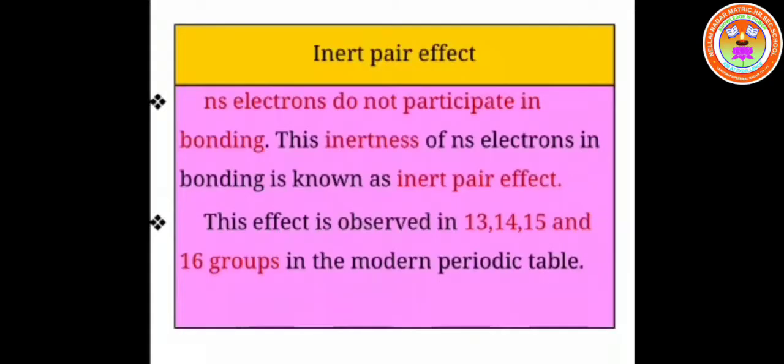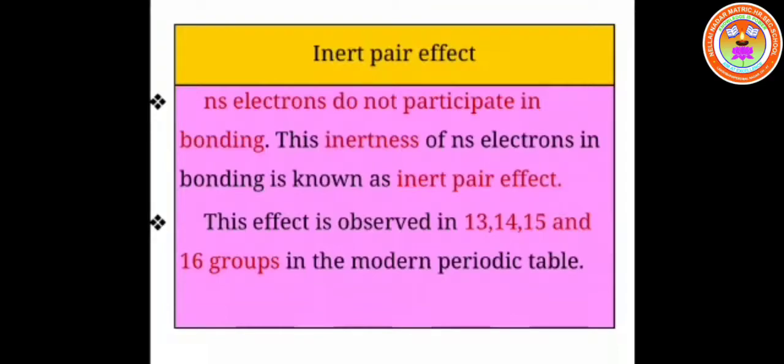Okay children. In this class we are going to deepen the understanding of inert pair effect, and also learn the consequences of inert pair effect. What is inert pair effect? The inability of the ns electrons to take part in bond formation is called inert pair effect. The ns electrons, they don't take part in chemical bond formation, and that inertness of ns electrons is called inert pair effect, and this inert pair effect is shown by the elements of 13th, 14th, 15th and 16th groups.